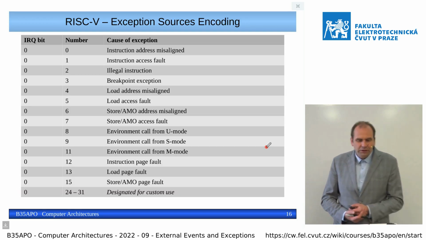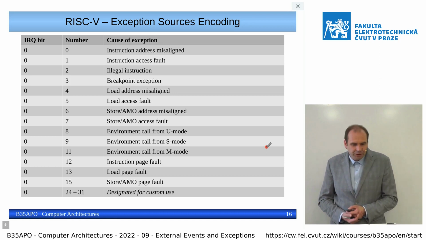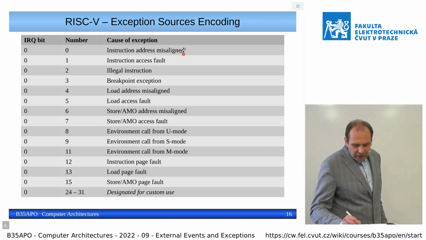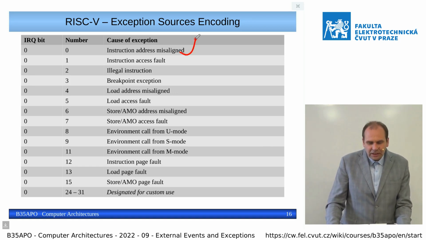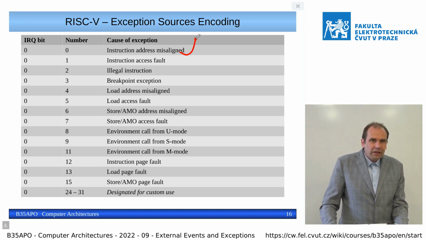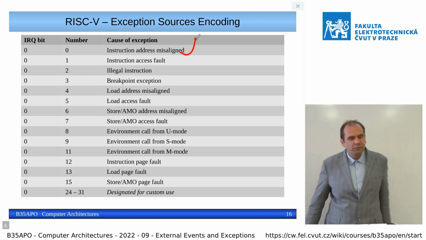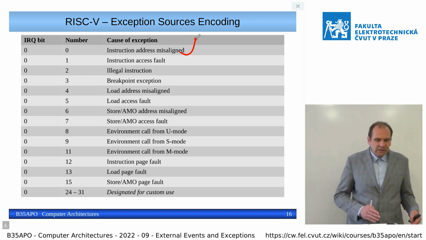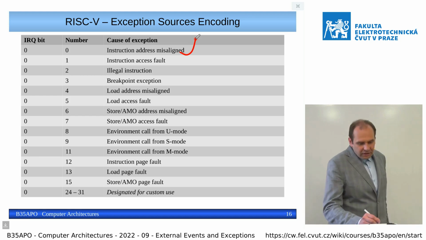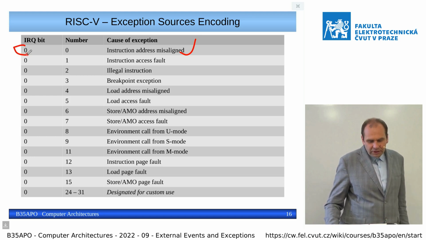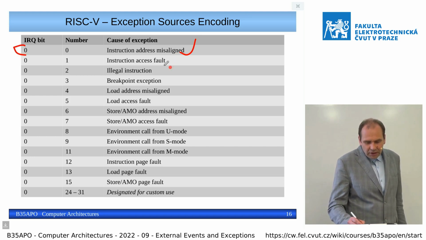Now the sources. We have those exceptions which can be a source. For example, it can be a misaligned instruction. Even if you have a RISC-V which can process compressed 16-bit instructions, we look only at 32-bit. If you try to execute an instruction from an odd address, then it is an invalid address, and the response of the processor is a misaligned instruction exception.